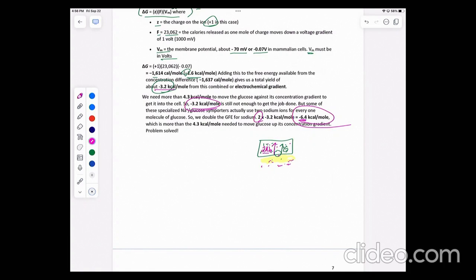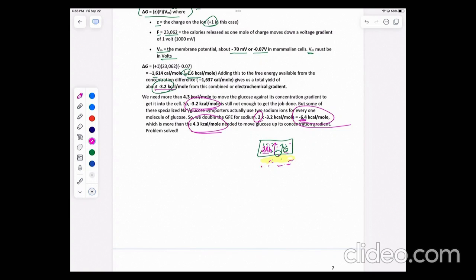Again, negative meaning it's being released. Well, 6.4 kilocalories is well beyond the needed 4.3 kilocalories I needed to get that glucose across against the concentration gradient. So there you have it.